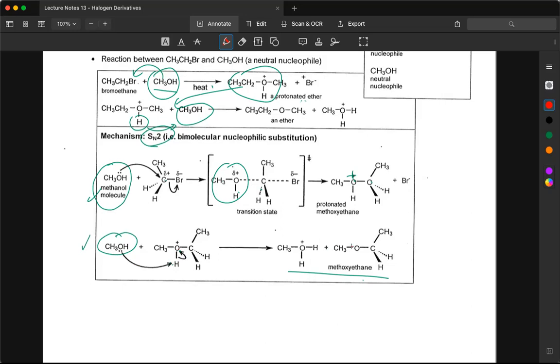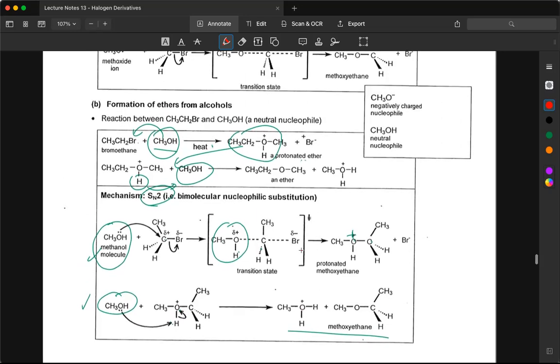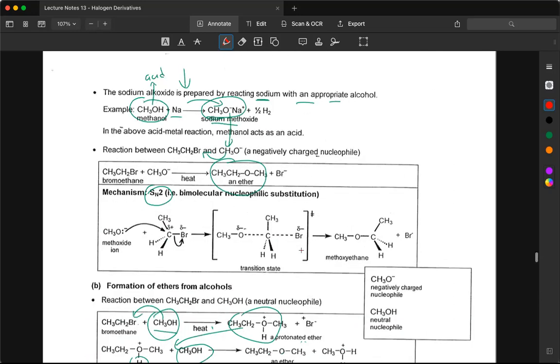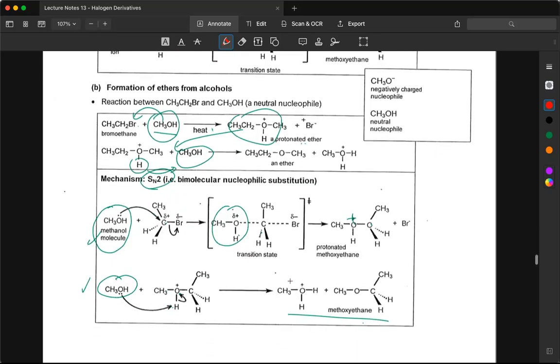So you have CH3O, the H is gone already, the H goes to this side. So here becomes back the CH3OH2⁺. It forms back this thing.